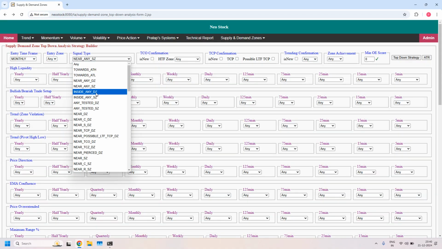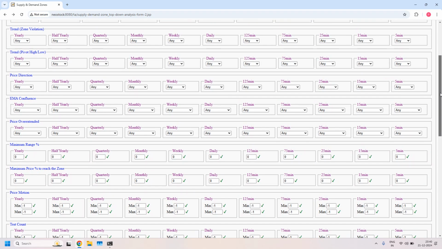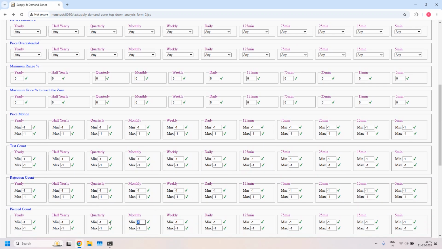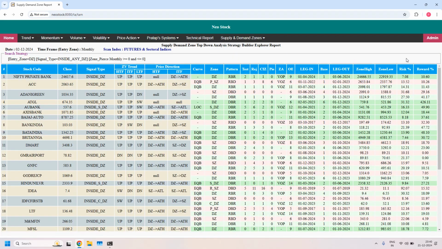Stocks whose price closed inside the monthly demand zone, but these monthly demand zones should not be pierced. So in the pierced count at monthly time frame, I am setting minimum value 0, maximum value 0. That means the zone is not pierced. So this is the list.